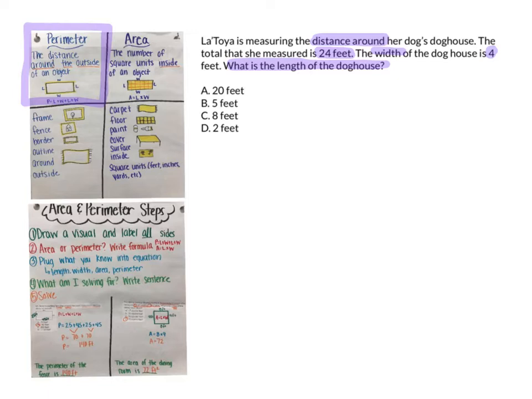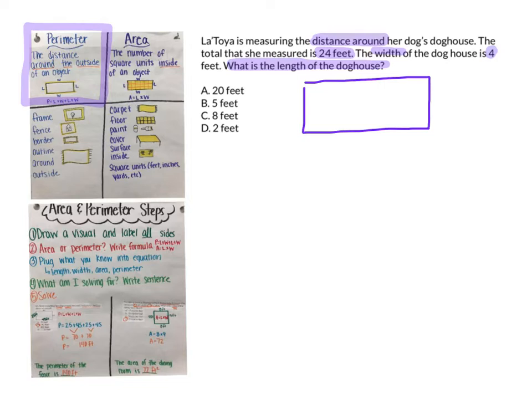So she's measuring the distance around her doghouse. Let's go ahead and draw a rectangle. The total that she measured is 24 feet. So she's measuring the distance around. When we're talking about the distance around an object, we're talking about perimeter.